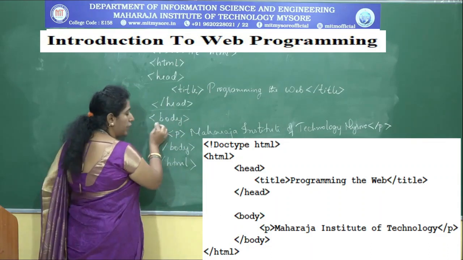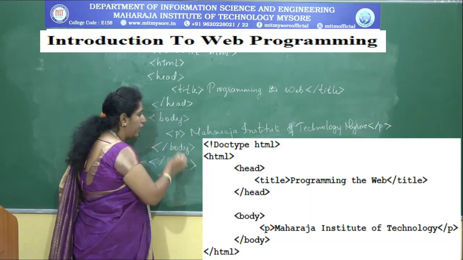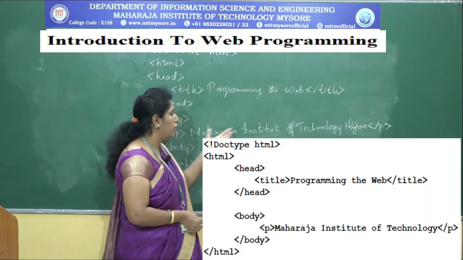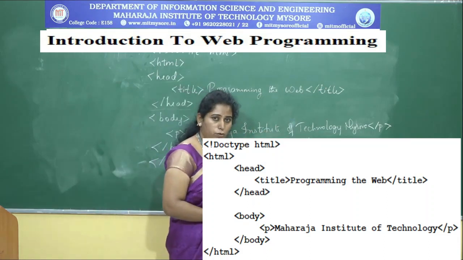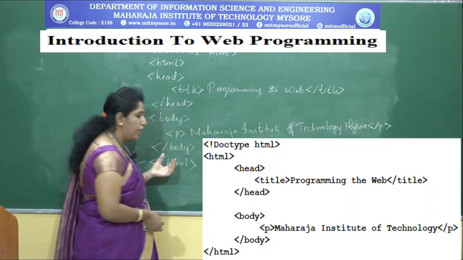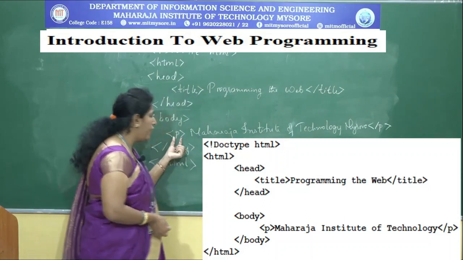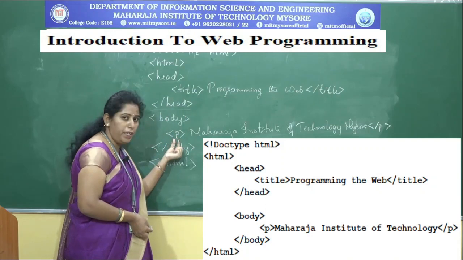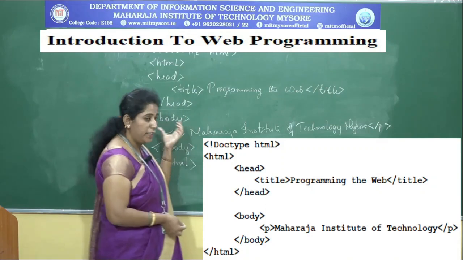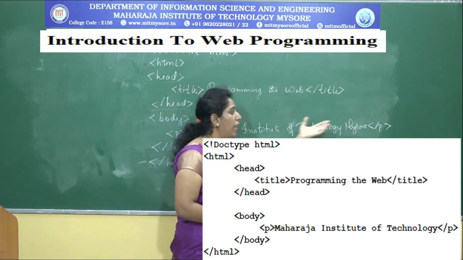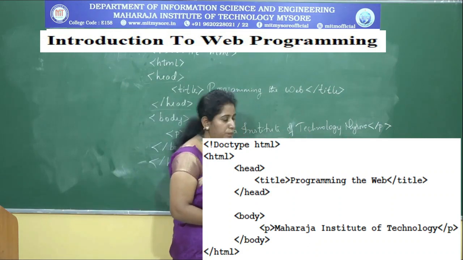So, open a tag called body, and there I wish to print the message Maharaja Institute of Technology, Mysore. For that I will make use of a tag called paragraph, which is the tag named P. Open the tag, then give any message which you wish to print, and also close the tag.